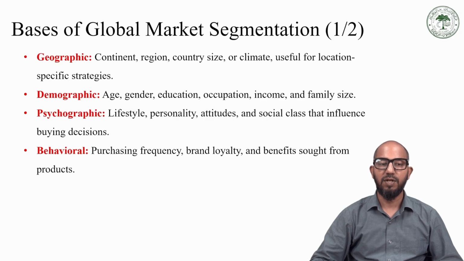Also, there is psychographic segmentation, which is based on lifestyle, personality, attitudes, and social class that affect the buying decisions. And finally, behavioral segmentation, which talks about purchasing frequency, brand loyalty, and benefits sought from products.